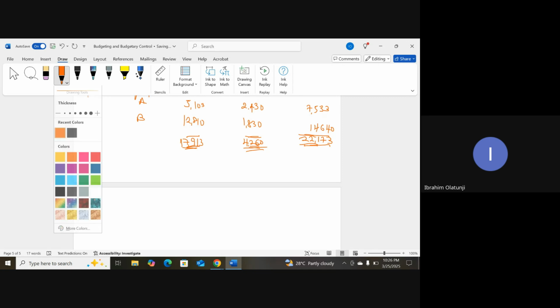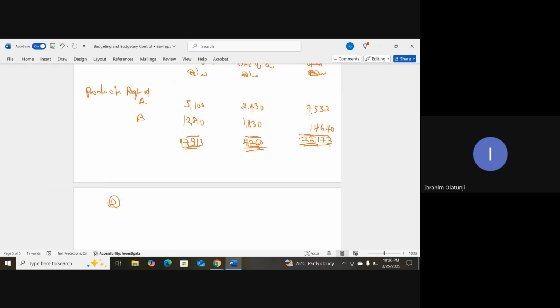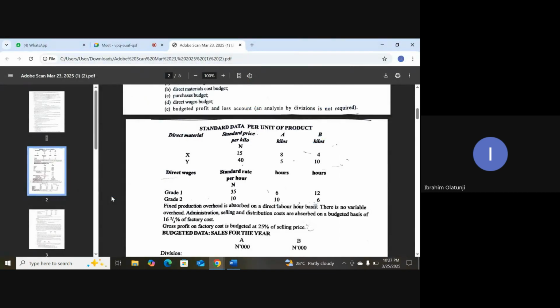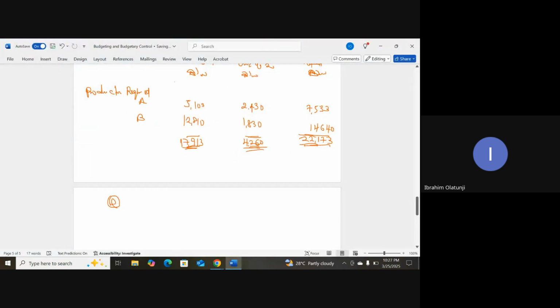Okay. E part. What is the heading? Budgeted profit and loss account for the year.